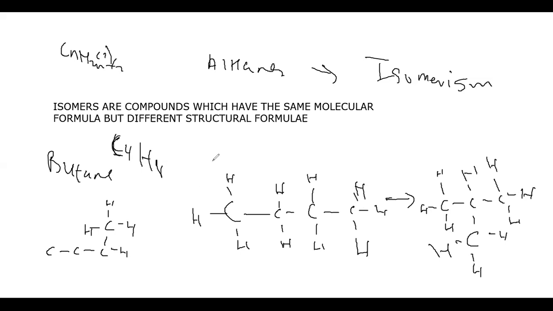So let's do a quick recap of what we learned so far. Organic chemistry is the study of carbon-based matter. How can we find carbon? We can find carbon as crude oil, right?